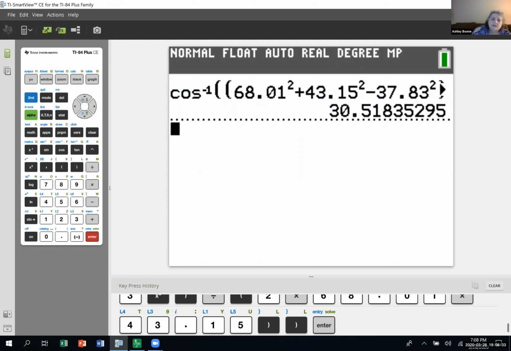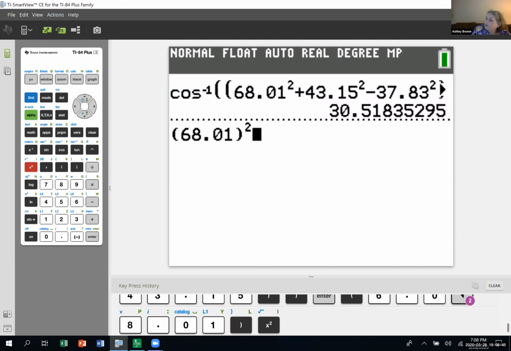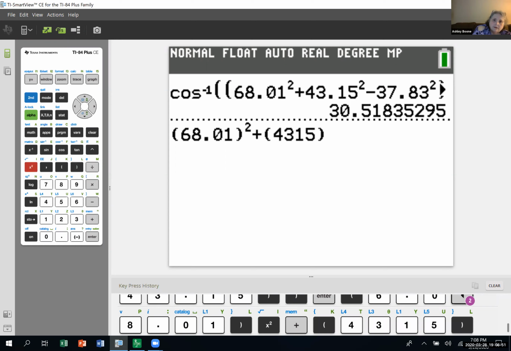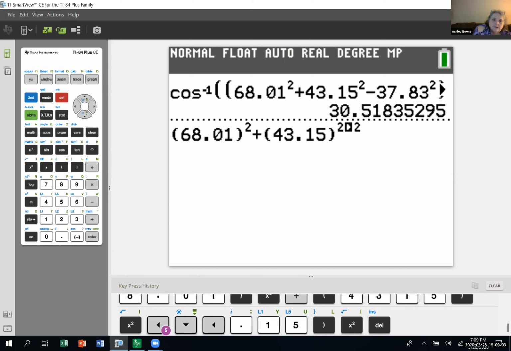Now, you can also simplify what was inside first. So you could go in here and do this whole mess. We had 68.01 squared plus 43.15 squared. I'm typing on a touch screen with this, and sometimes I have to watch myself. Okay, there we go. Minus the 37.83 squared.